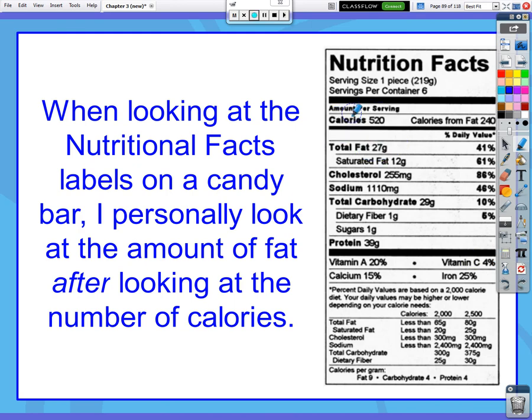I've talked to students who say that if they are people who work out a lot or athletes, they're always looking at protein instead of fat. And I've had students say, I'm trying to cut carbs, so I'll look at calories and carbohydrates instead, which is all fair and fine. I'm just saying personally, I look at the amount of fat with the number of calories, and then I might go look at protein and carbohydrates.